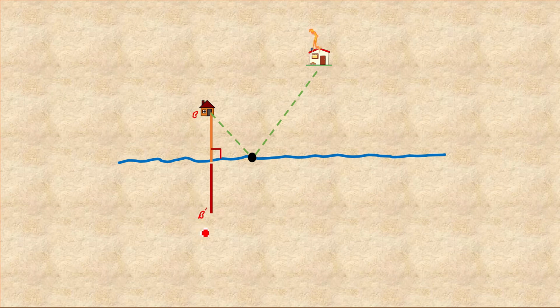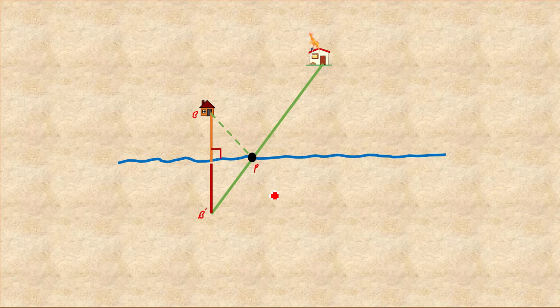And then you connect the B prime to the house, and that will give you precisely what this particular point has to be to get to the house by the shortest distance. Okay, so this is a beautiful question, the shortest distance between two points, stopping at a third point.